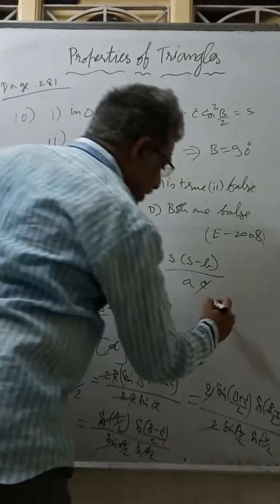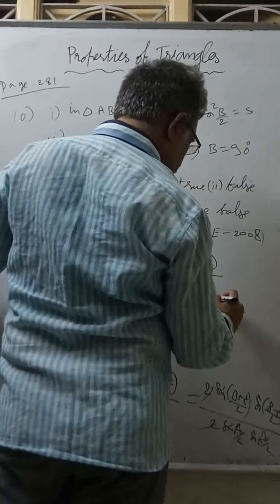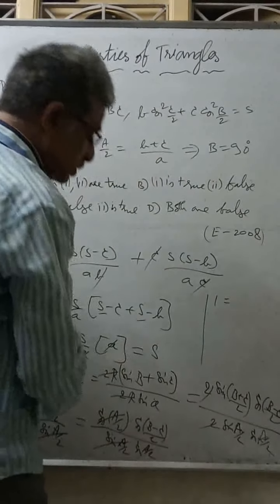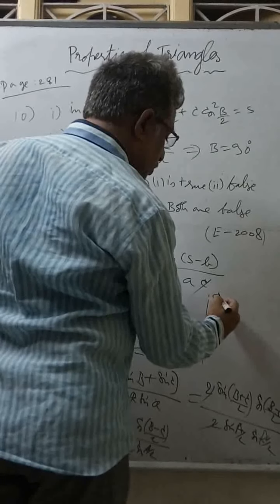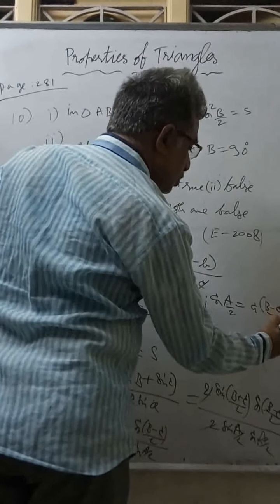So what I got finally is, taking cos to this side, cos(A/2) equal to cos((B - C)/2).